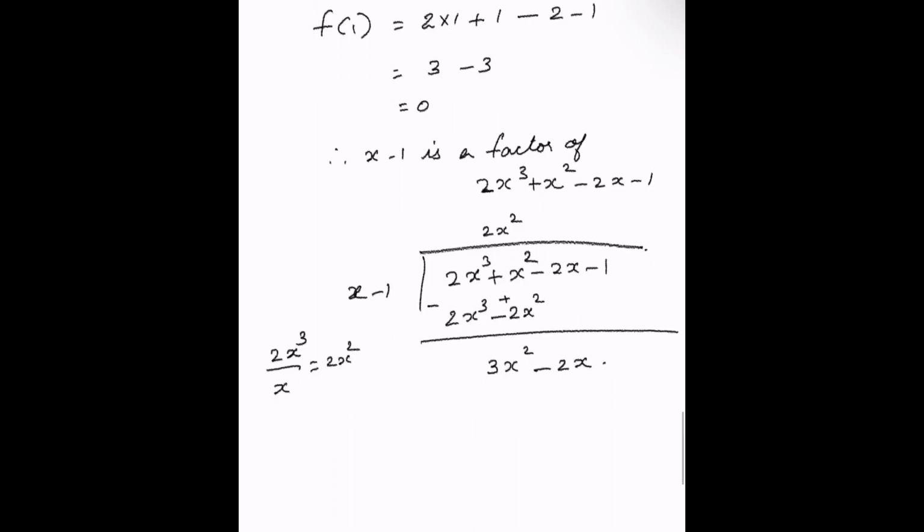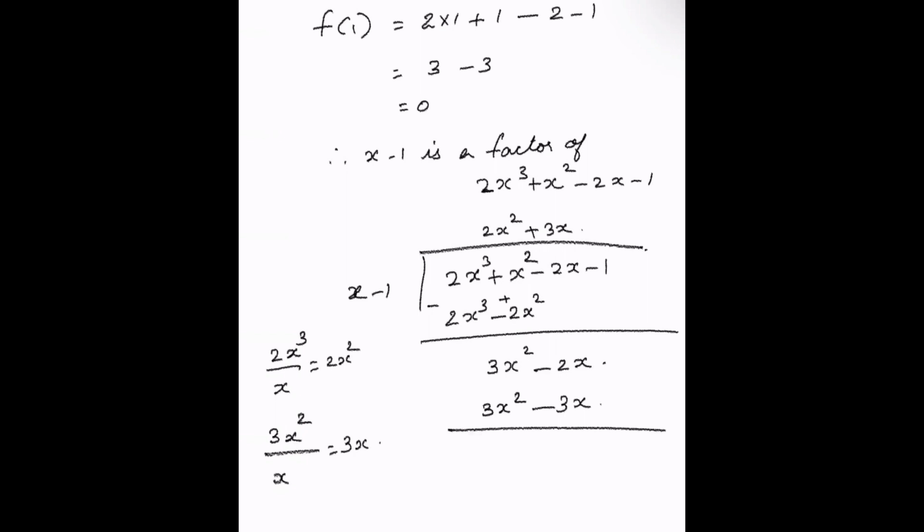So here, take 3x square divided by x. So what do I get? 3x square by x will give me 3x. 3x into x is 3x square, and 3x into minus 1 is minus 3x. So 3x square minus 3x.